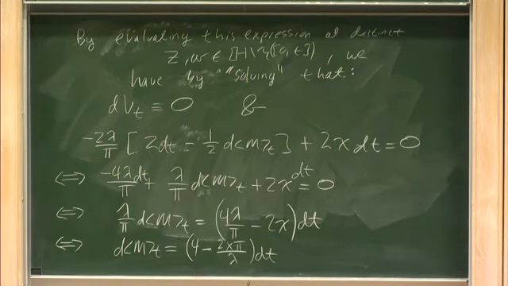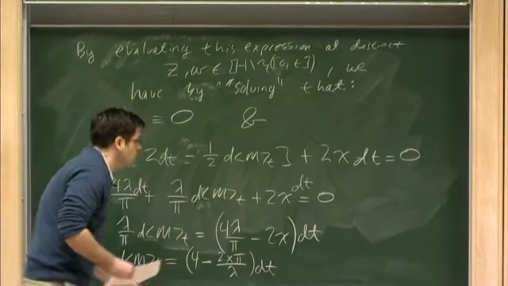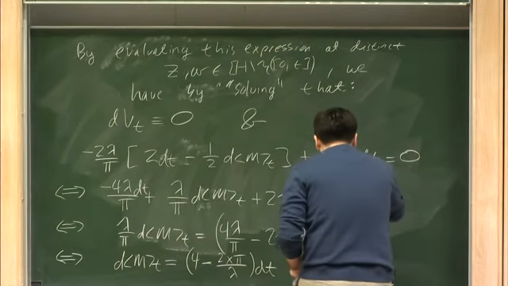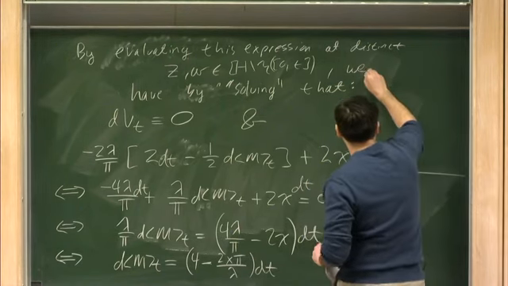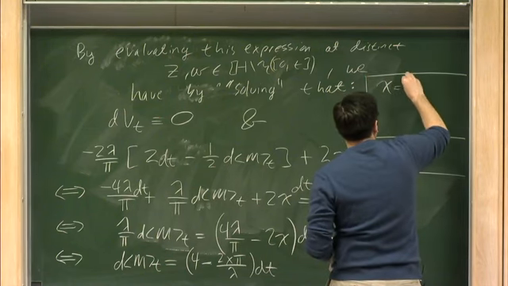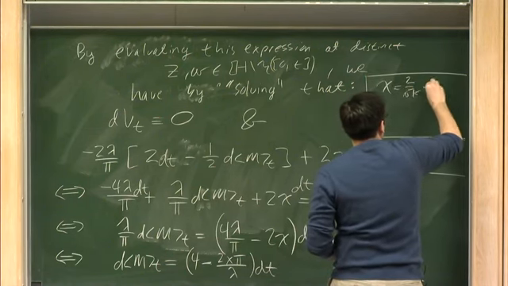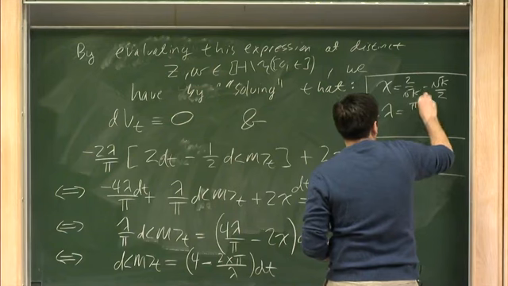Okay, and now to finish, let's just calculate what this is actually equal to. So let's do it in this little box over here. Let me remind you that chi is equal to 2 over square root kappa minus square root kappa over 2, and lambda is equal to pi over square root kappa.